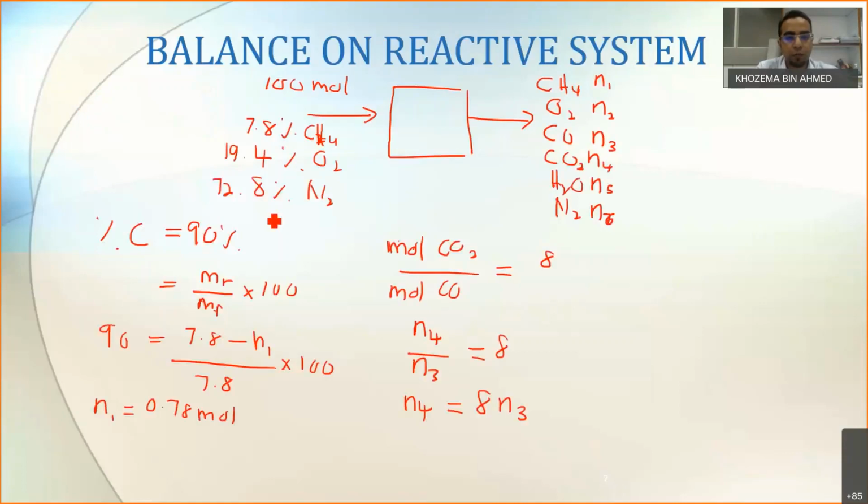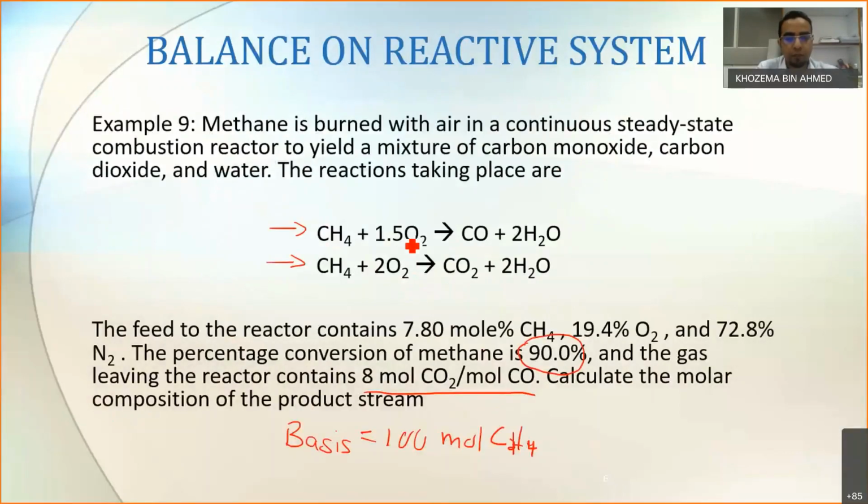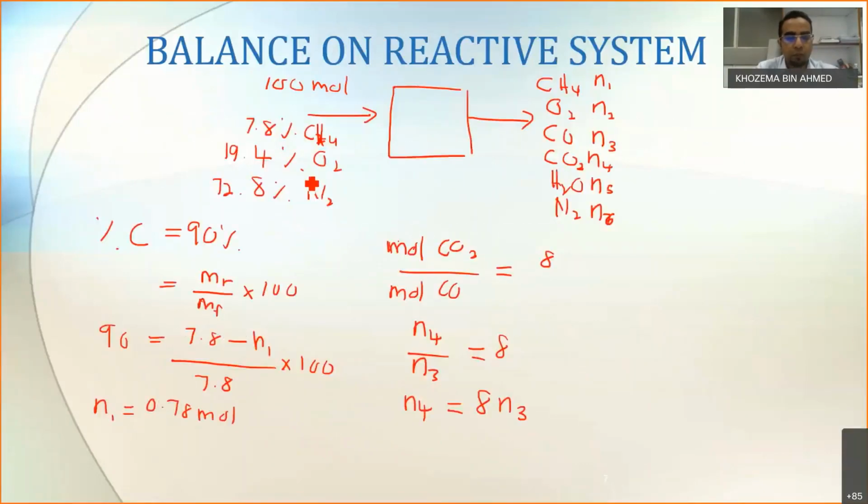When we are dealing with atomic balance, it is easiest if we just look at whatever we have on the input side and whatever we have on the output side, because whatever atoms we have on the input side will equal whatever atoms we have on the output side. Once you have labeled your flowchart, you can just look at it.